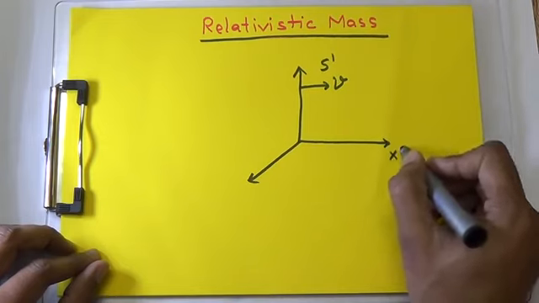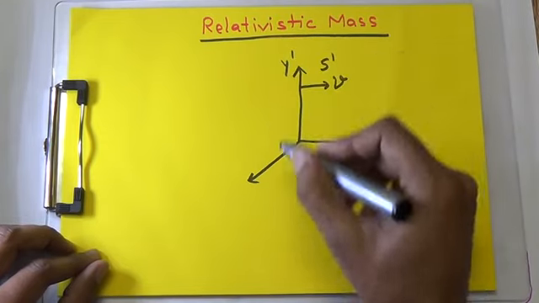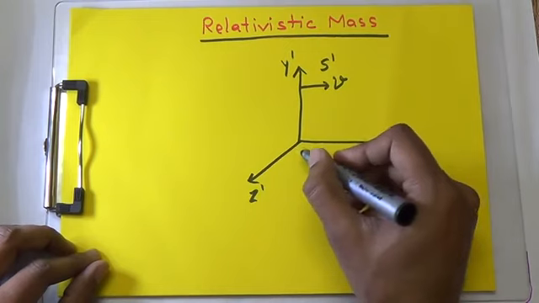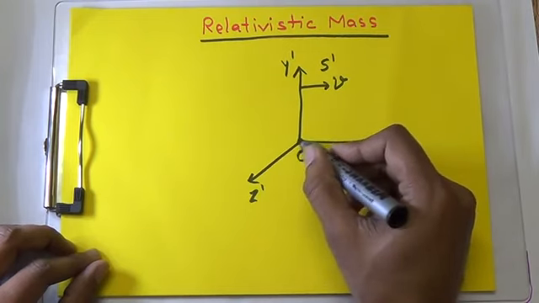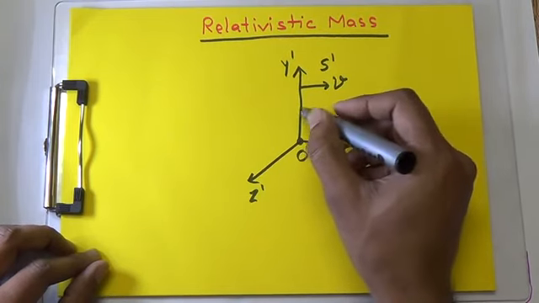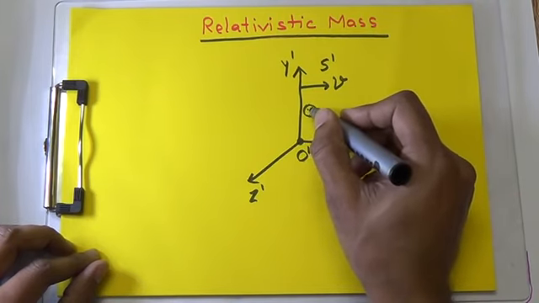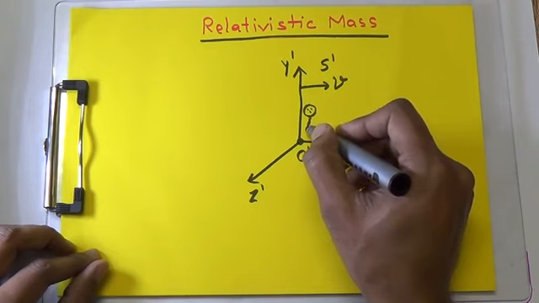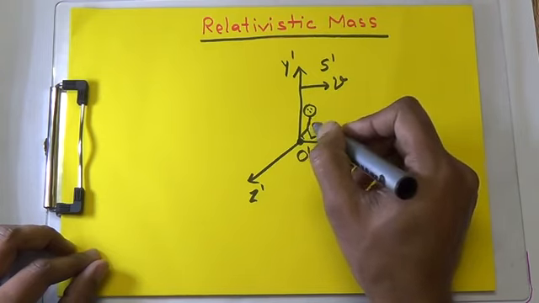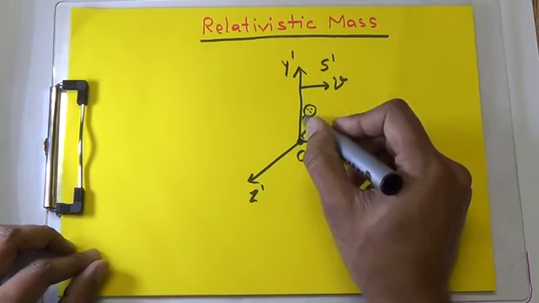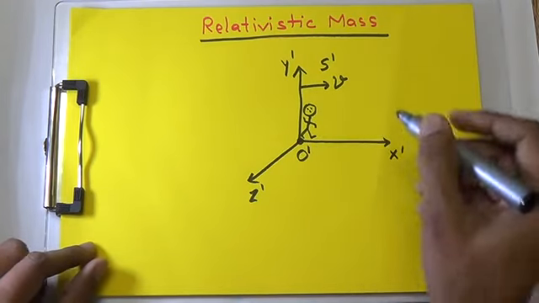This is the x prime axis, y prime axis, z prime axis, and this is the origin O prime, where the observer O prime is situated.